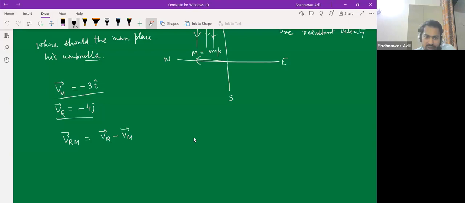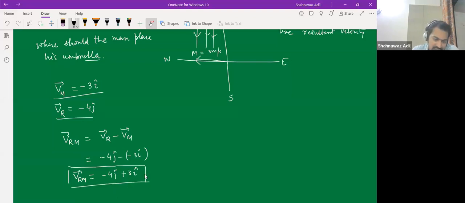VR is minus 4j and this is minus of minus 3i. So this is minus 4j and plus 3i. So this is the velocity of rain with respect to man. Is this clear, guys?